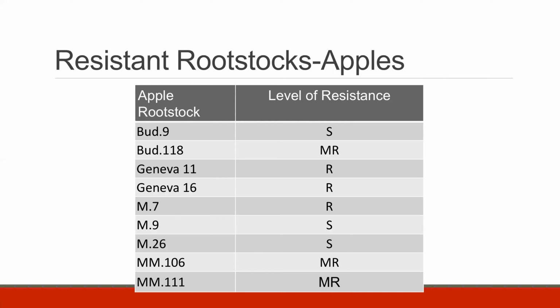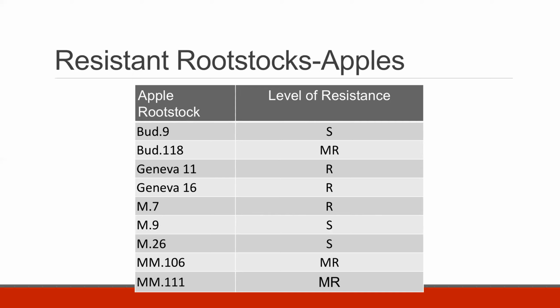There are a few rootstocks with resistance to fire blight, and breeding programs make fire blight a priority because an infection in the rootstock can kill a tree very quickly. The older rootstocks, including Bud 9 and M9 and M26, are very susceptible to fire blight.